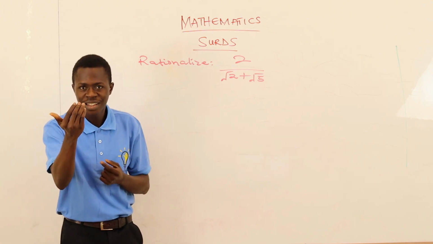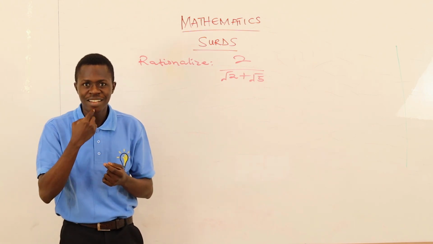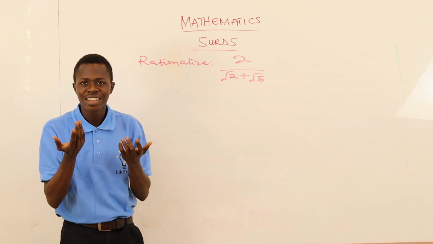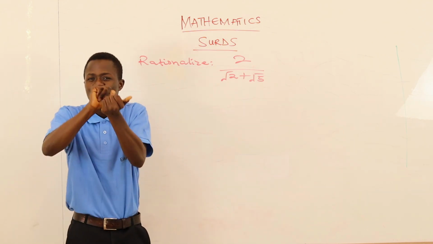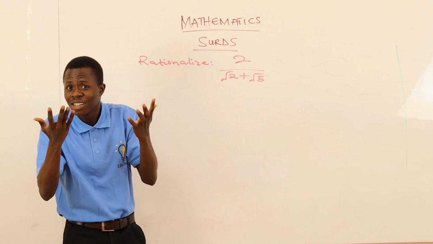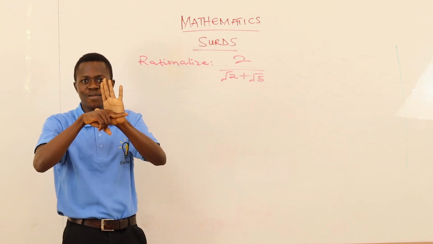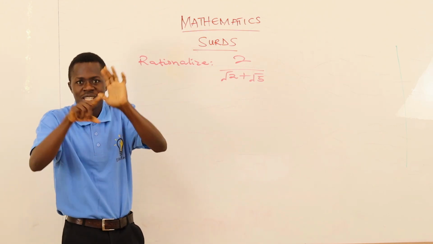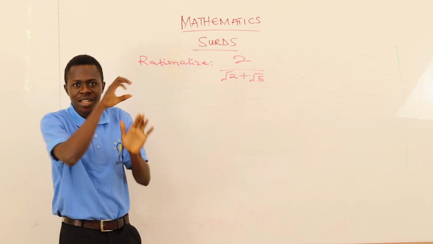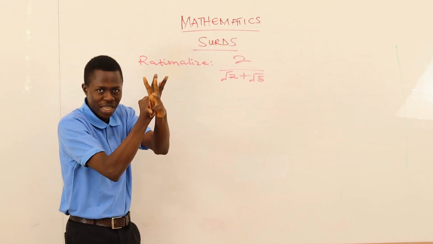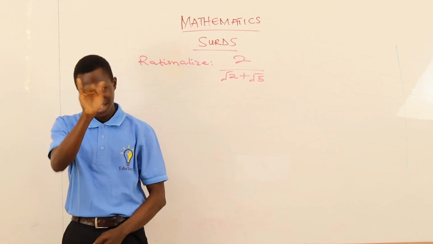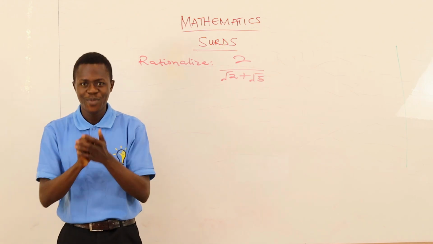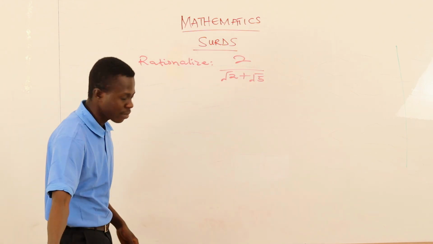We check for the sign, whether it is positive or negative. This one, is it positive or negative? It is positive, so we change the sign to what? Negative. We change the sign to negative because the one in the question is positive. That is the conjugate surd. So we multiply it by the numerator and then the denominator.